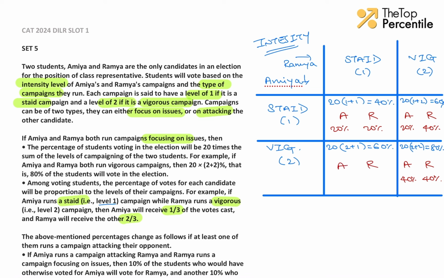Similarly, here Amya now runs a vigorous campaign, so she will get two-thirds of the votes. So this will be 40% and this will be 20%. Now I think this data is pretty easy to read, and we can move ahead to the next data set.